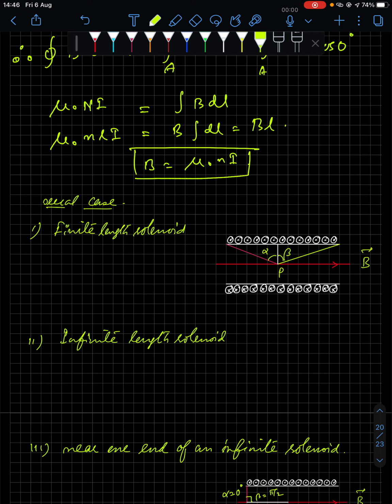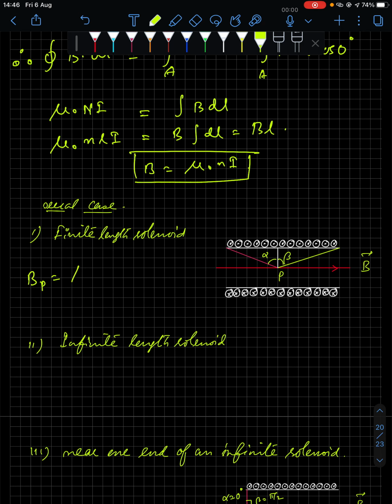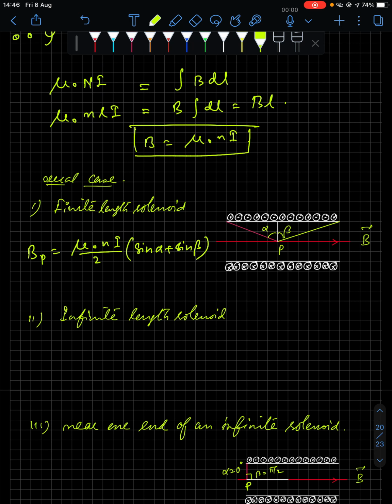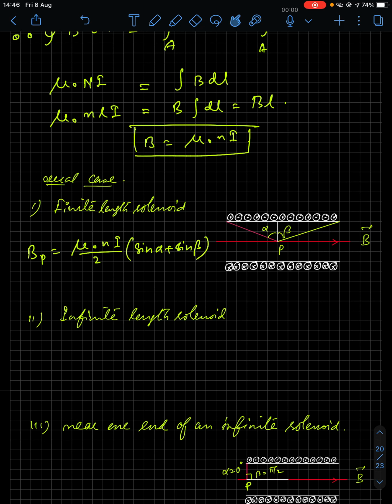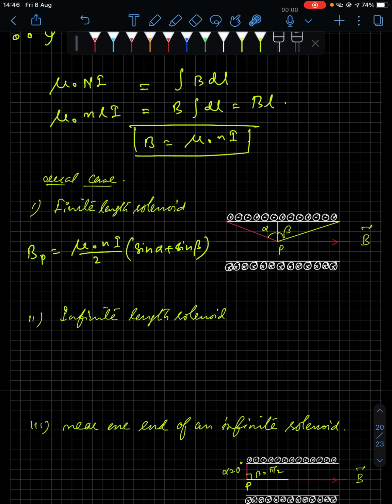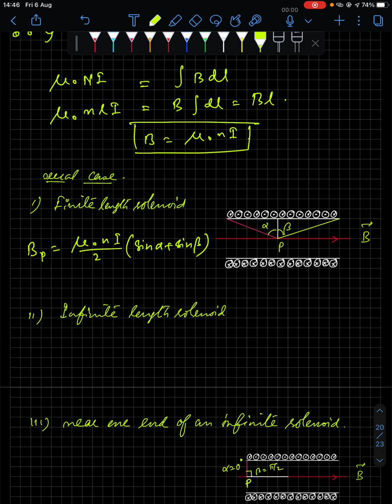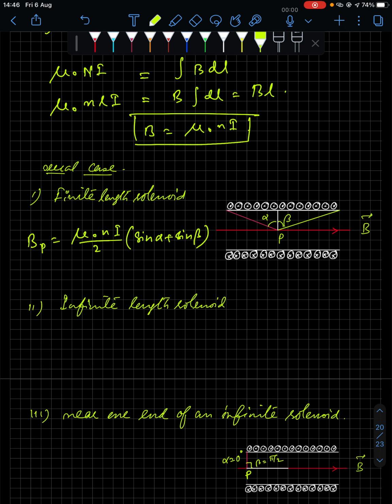So for this you'll get the magnetic field at P. The relation for magnetic field at P will be mu naught nI divided by 2 times (sin alpha plus sin beta). Okay, again we are avoiding the derivation for this part. This is not important. If interested, you can go through the reference book, then we can discuss in a separate time.